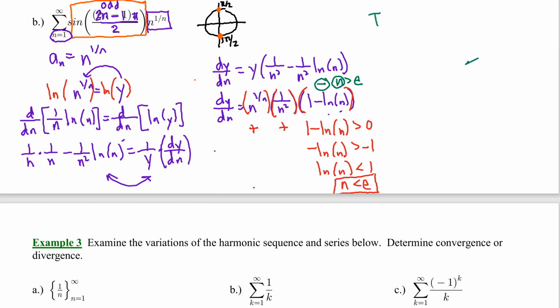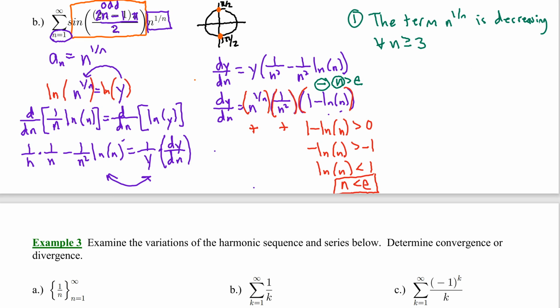So we could say the term n to the 1 over n is decreasing for all n greater than or equal to, now e is not a natural number, so I'm not ever going to have a subscript of e, so I'm going to go to the next highest integer and say this term is decreasing for all n greater than or equal to 3. So that establishes the first condition of our alternating series test.